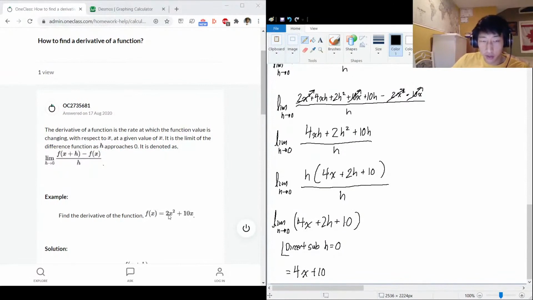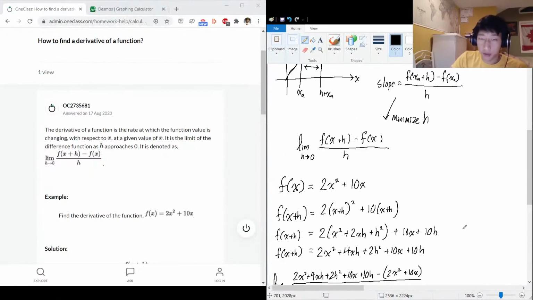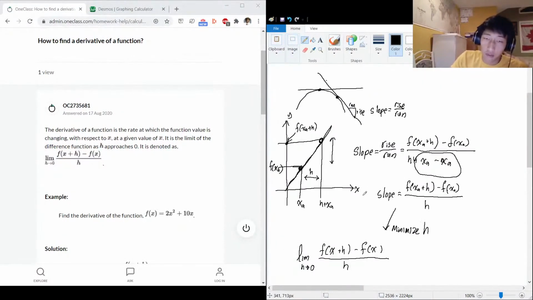So this was equal to the derivative of our original function, which was 2x squared plus 10x. And honestly, if you've seen other methods of finding derivatives, you'll see that this definitely agrees with that. To take the derivative like this, it all comes from the fundamentals of trying to find the slope. So we're going to really zoom in.